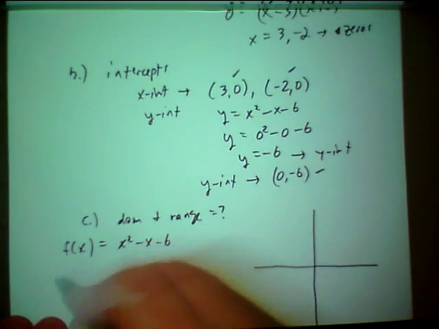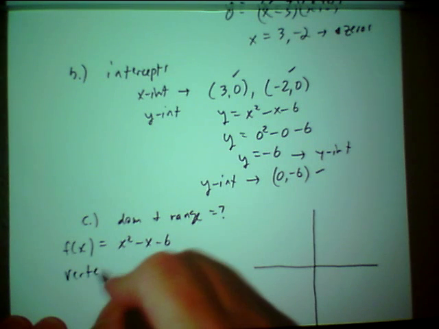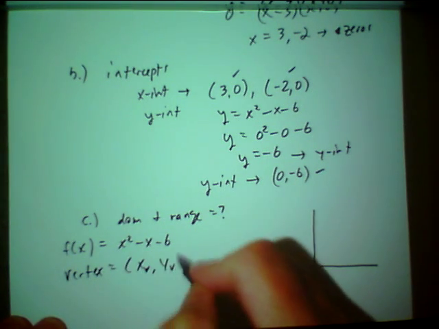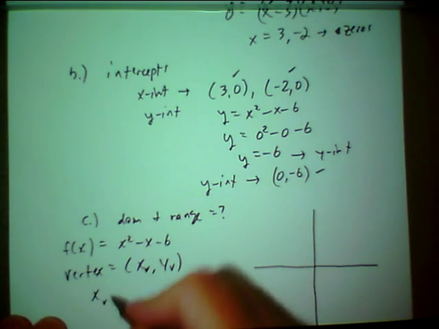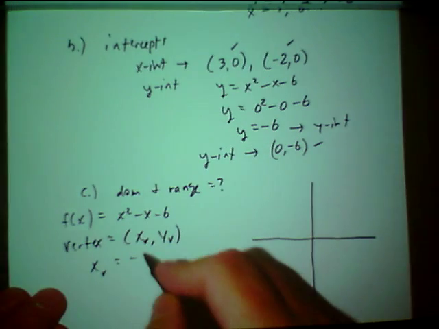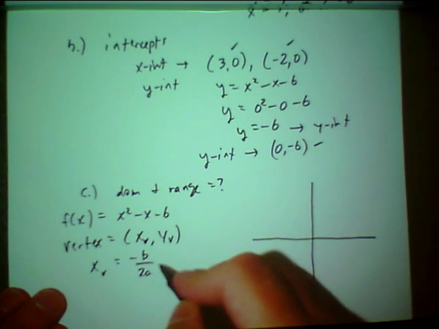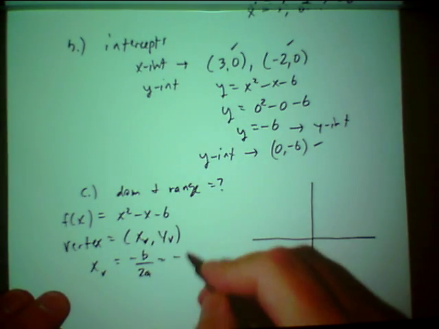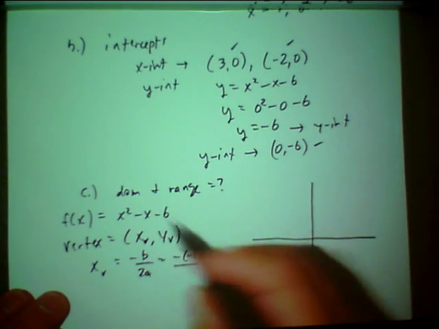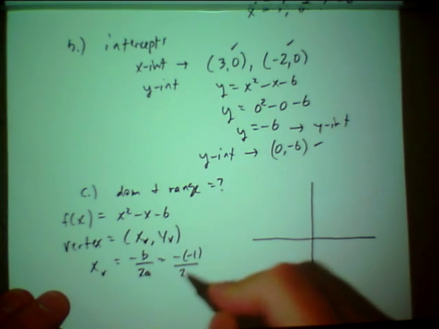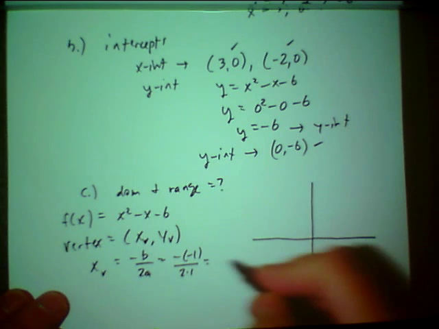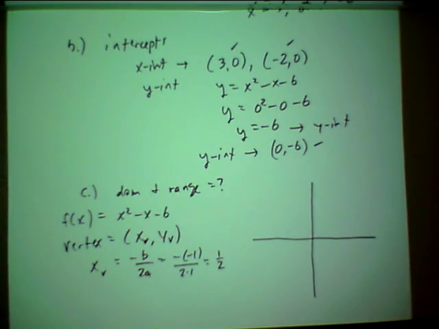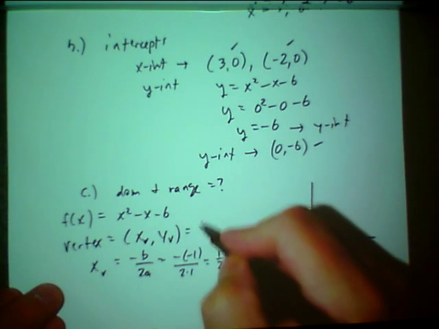You remember the vertex, I'll call it a point, (xv, yv). Remember the x of the vertex is that formula, negative b over 2a. So negative b is a negative 1, 2a is 2 times 1, so the x of my vertex is 1/2.